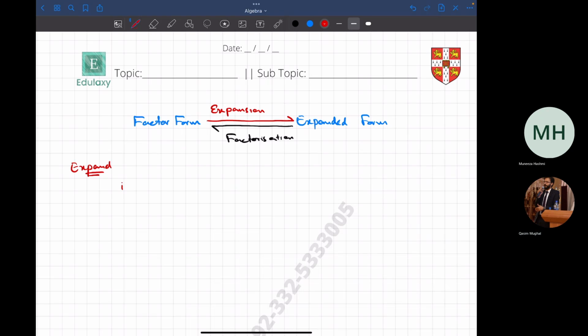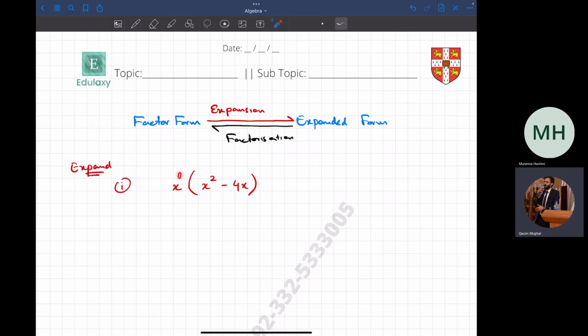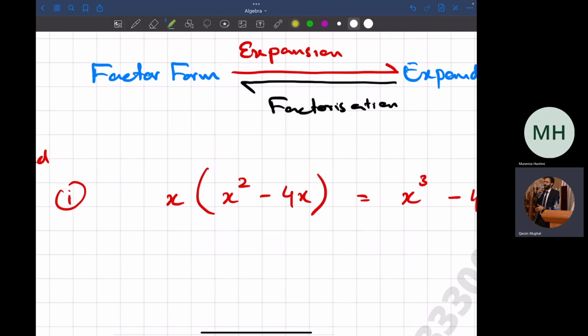One is simple multiplication, like for example, you have x times x squared minus 4x. In this one, you'll multiply this x with each of the terms separately. So this is going to give you x cubed minus 4x squared. Okay, now these are the two factors. Now there's another important thing which I would like to discuss here.